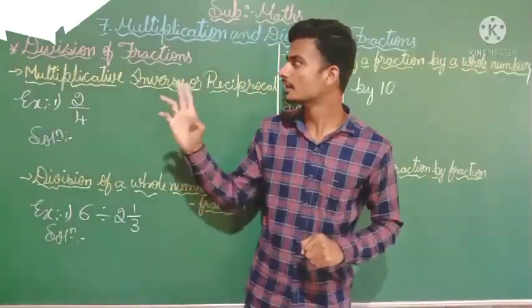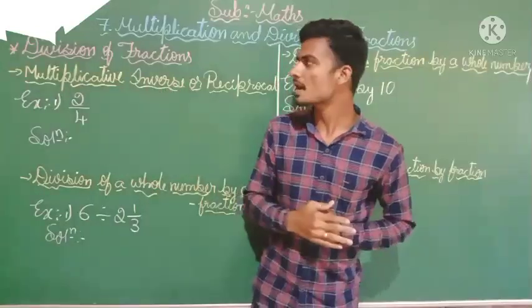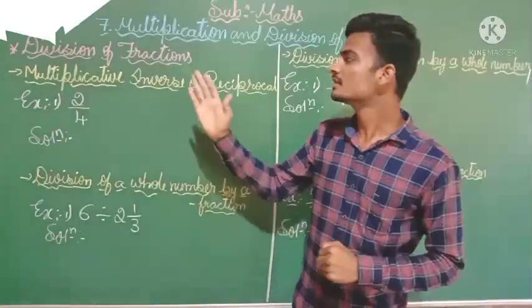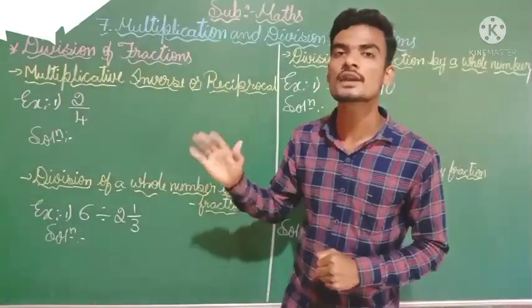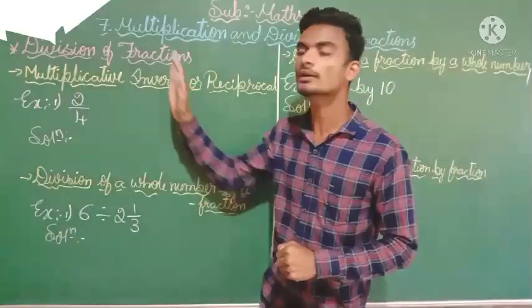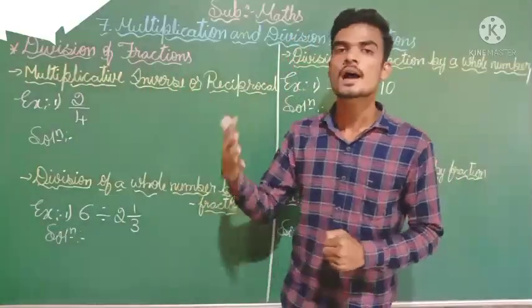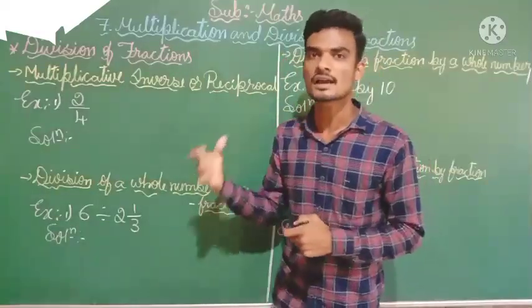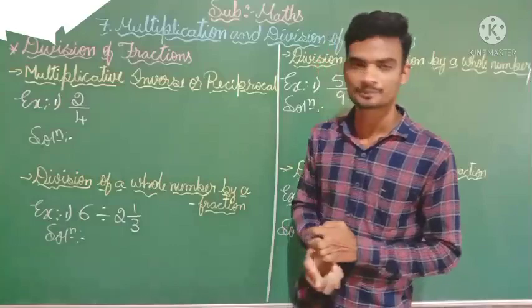Then in part two video we will discuss division of fractions. How we have followed multiplication of fractions, in the same way we have to follow for division also. That is how to follow when a fraction arises in division. Okay, let us see.